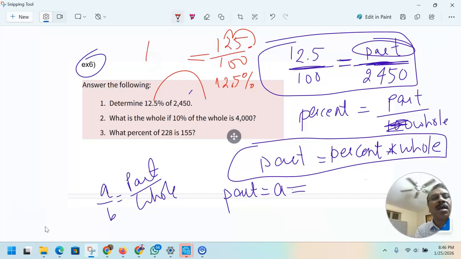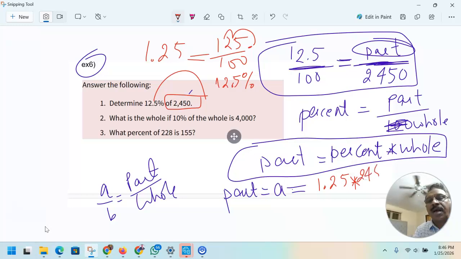So that is 0.125, times the whole, which is 2450. And if you use the calculator, you end up getting 306.25.